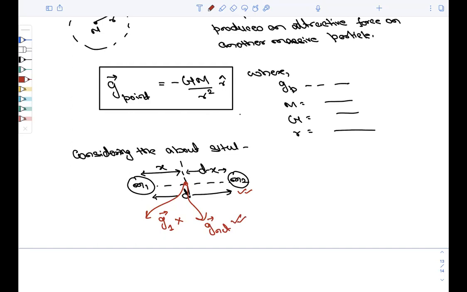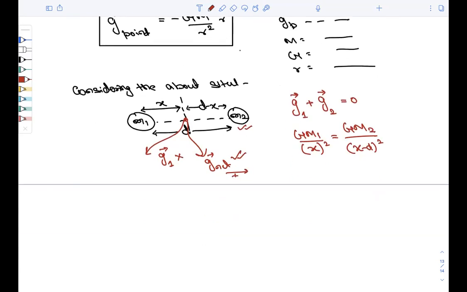So when g net can be 0, we can simply say that g1 plus g2 is 0. Writing this further, simply it becomes G m1 by x squared equals G m2 by (x minus d) whole squared. Treating this direction as positive direction, I think you can pretty much solve it.